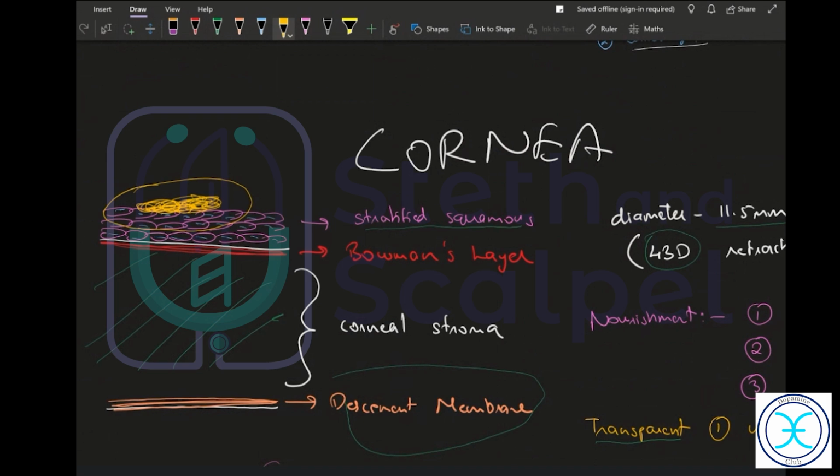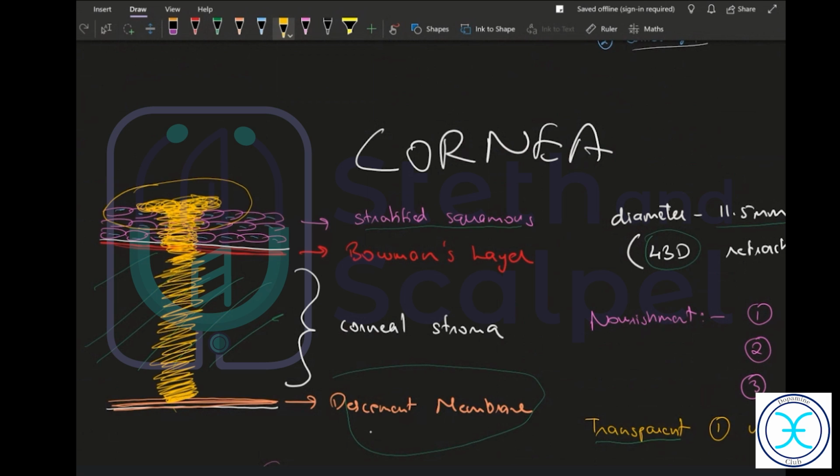Any corneal disease, if it's infectious, bacterial, viral, fungal, is going to start growing over here. Slowly it will go in. And what does it cause? Exactly. So that is the disease progression. You have a superficial keratitis. Once it reaches the corneal stroma, it becomes an ulcer. Now even further down it goes, reaches here. What happens? Perforation.